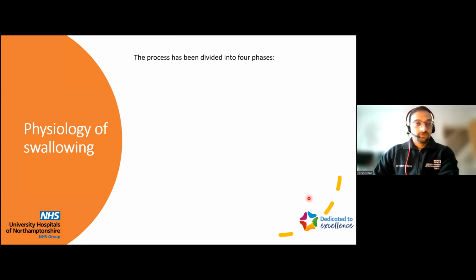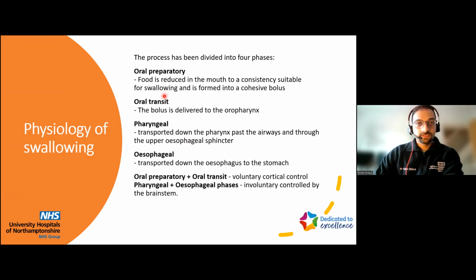Now, the first part of the talk is over, and then the second part begins with physiology. The physiology of swallowing is divided into 4 phases: oral preparatory phase, oral transit phase, the pharyngeal phase, and the esophageal phase. The oral preparatory phase and the oral transit phase ends by delivery of the bolus into the oropharynx.